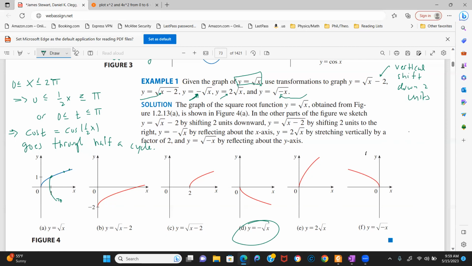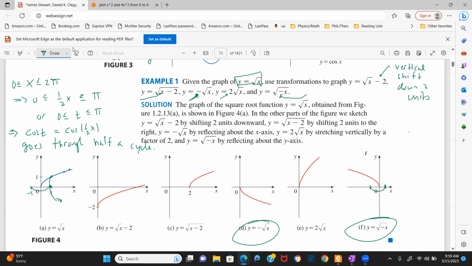When you multiply by the negative on the inside, you negate the x first and then take the square root. That corresponds to this graph right here. It's going to be a reflection over the y-axis. So basically, to evaluate this, you take some negative x over here, you negate it, so this is like maybe -1.